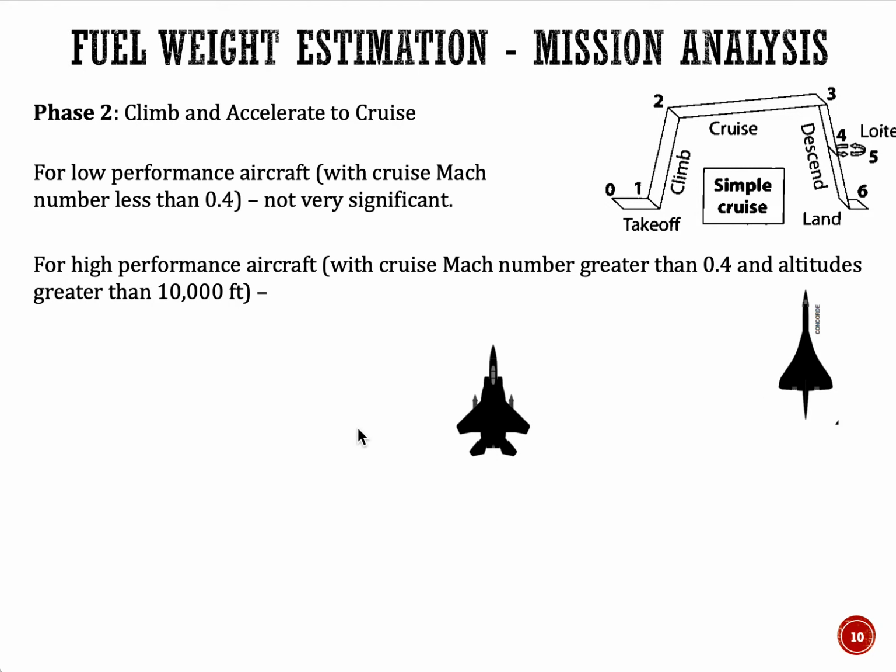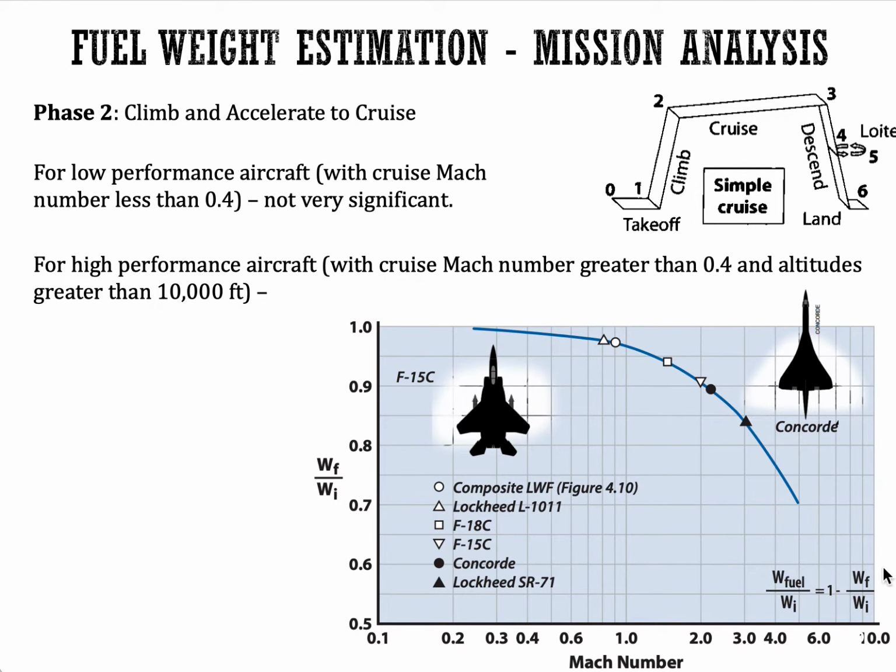So in that case, you can actually use this graph to estimate the fuel burn during that climb phase, right? You can see that at lower cruise Mach numbers, 0.2 to 0.4, you're really close to 0.99, really close to 1, right? But as you increase the cruise Mach number, you start decreasing the weight fractions here, right?